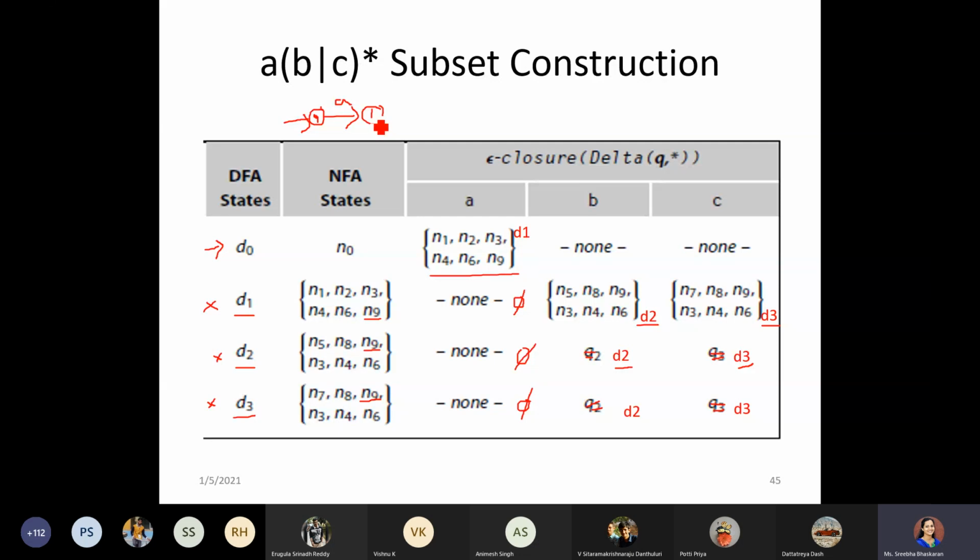With respect to B transition, we reach D2. With respect to C transition, we reach D3.